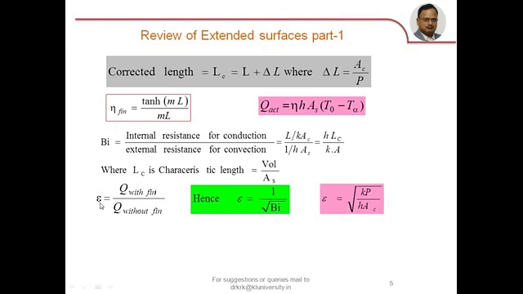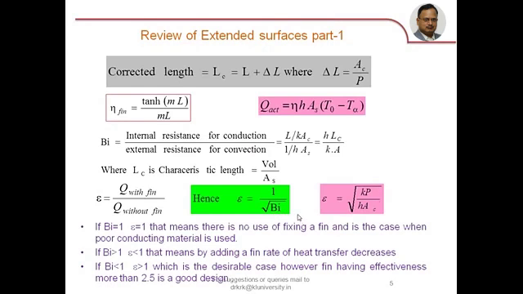And we have defined the effectiveness of a fin, another term, as heat transfer with fin to that of heat transfer without fin. And this you will get as effectiveness root of kP by hAc, which can be identified as 1 by square root of Biot number.